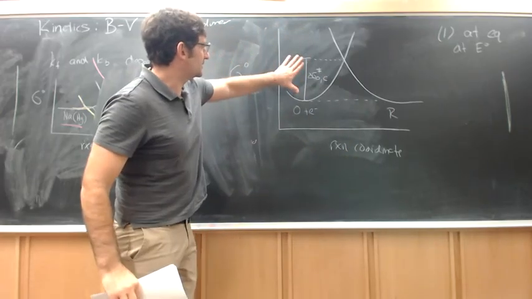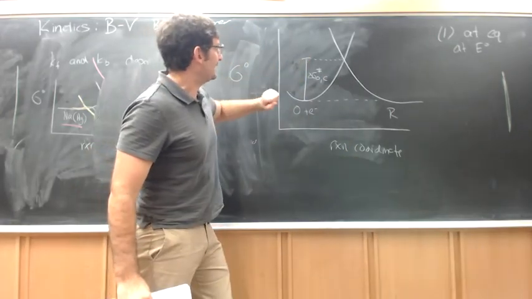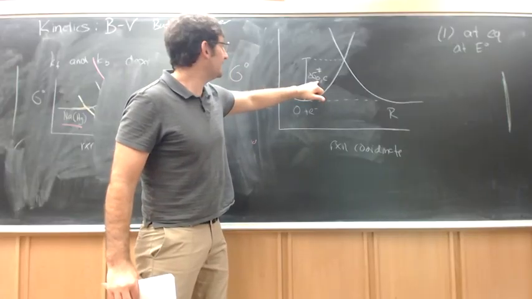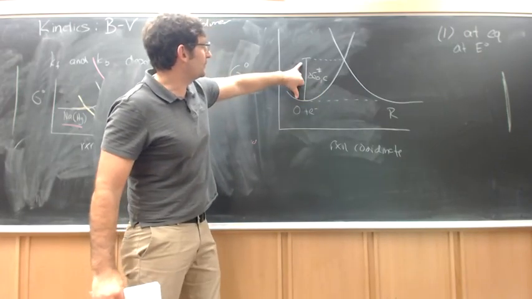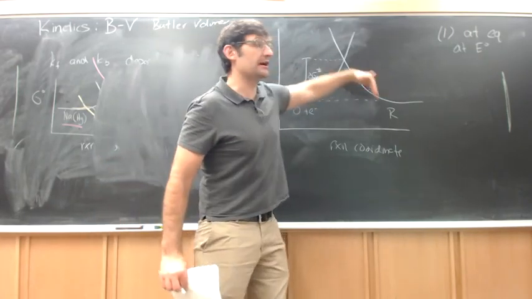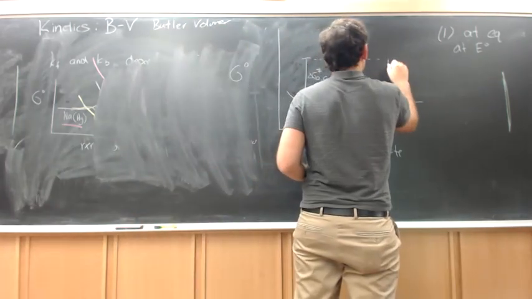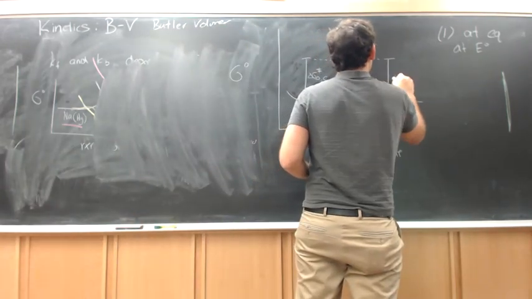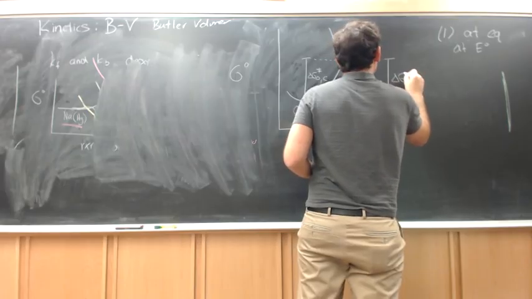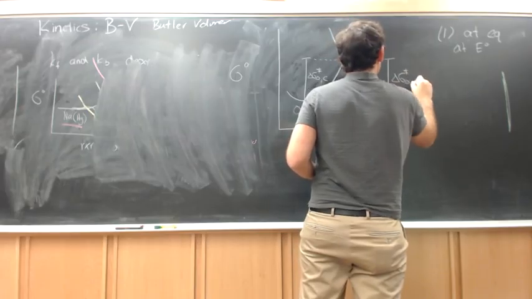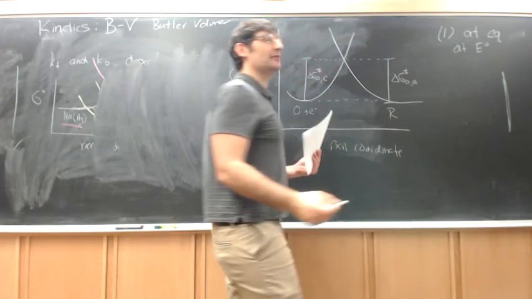Okay, so I'm under standard conditions at E naught. This is the activation free energy for the forward cathodic process, right? And then I can do the same thing over here and write delta G naught double dagger for the anodic process. And they're the same, right?